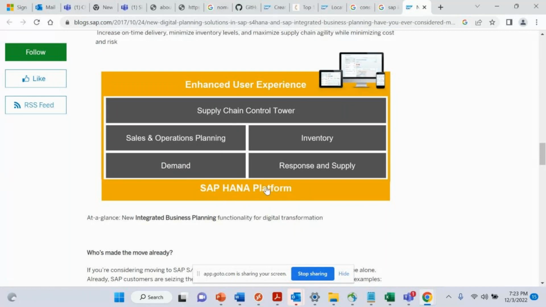You see, this is the HANA platform, with cloud integration. This is demand planning, response and supply, inventory optimization, which has single echelon and multi echelon, then sales and operations planning, then supply chain control tower, and the enhanced user experience. It is the whole tool that we have in supply chain, in our IBP.